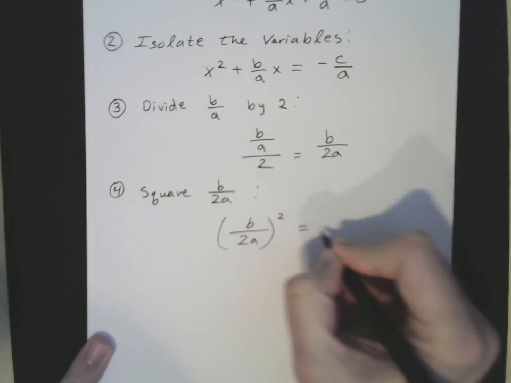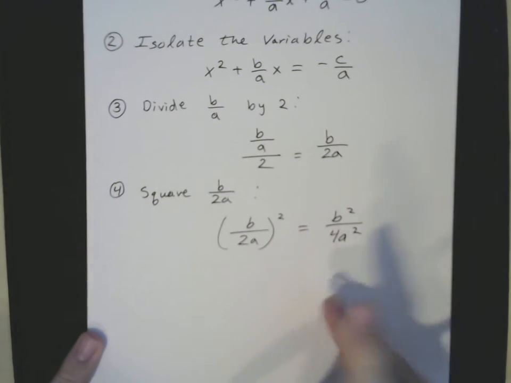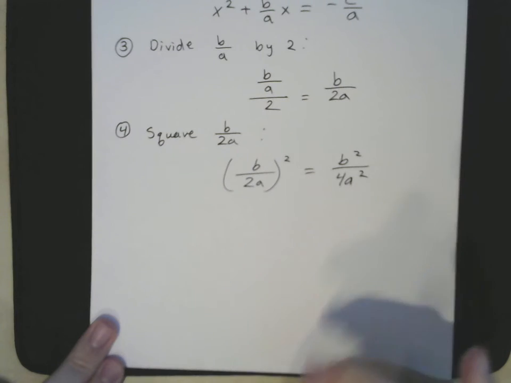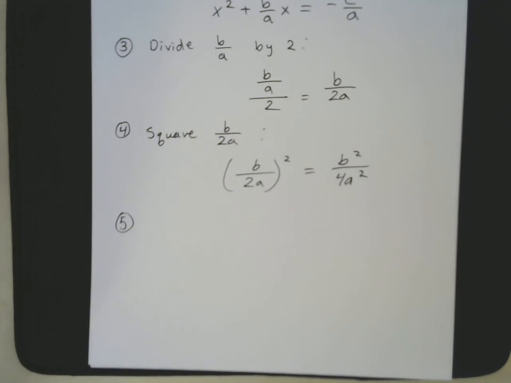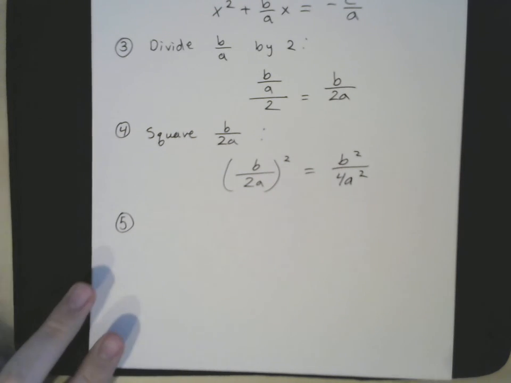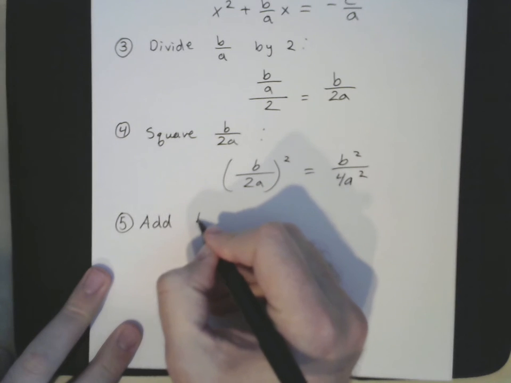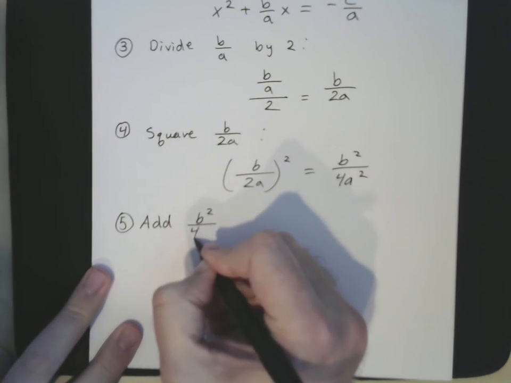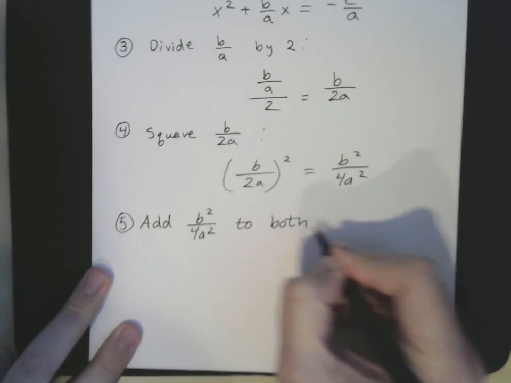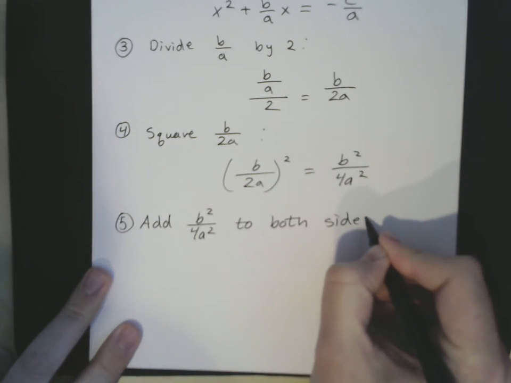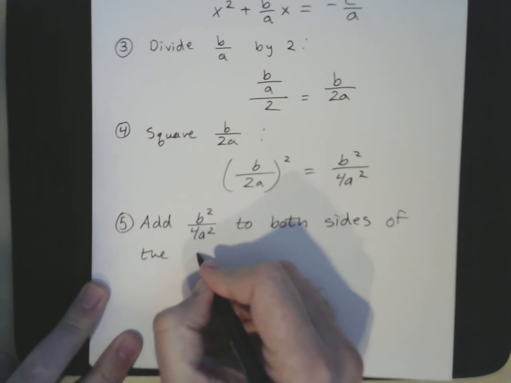And so this is always going to become b squared over 4a squared. And the final step, well, second to last step, is to add b squared over 4a squared to both sides of the equation in part 2.